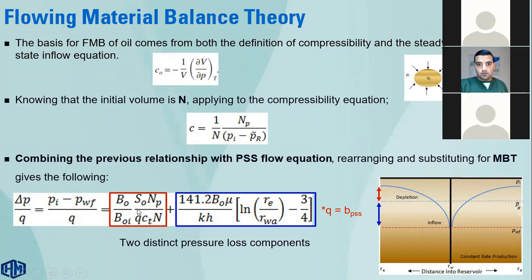Simply, this equation has two pressure loss components: pressure loss due to depletion and pressure loss due to inflow. Because during production we have pressure losses inside the reservoir and pressure losses during the flow across the perforated intervals. So in this case we have two different pressure loss components, due to depletion and due to inflow.